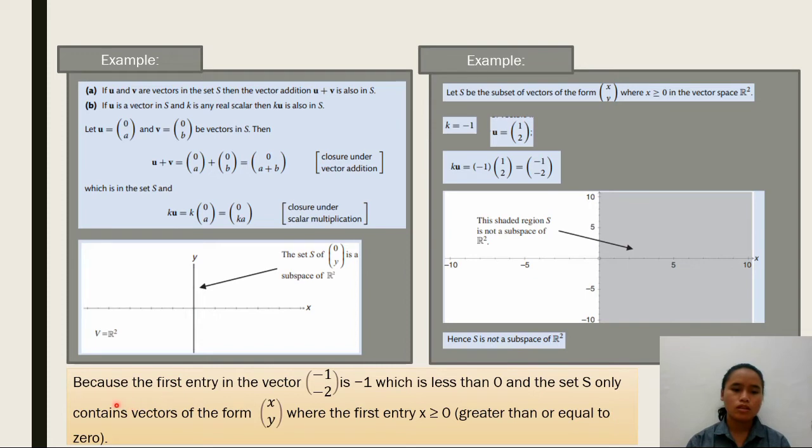Okay, because the first entry in the vector is minus 1, which is less than 0, and the set S only contains vectors of the form x, y where the first entry is greater than or equal to 0, right? Greater than or equal to 0.